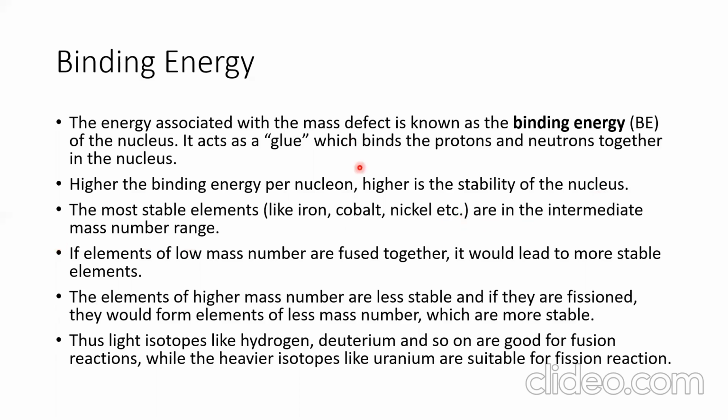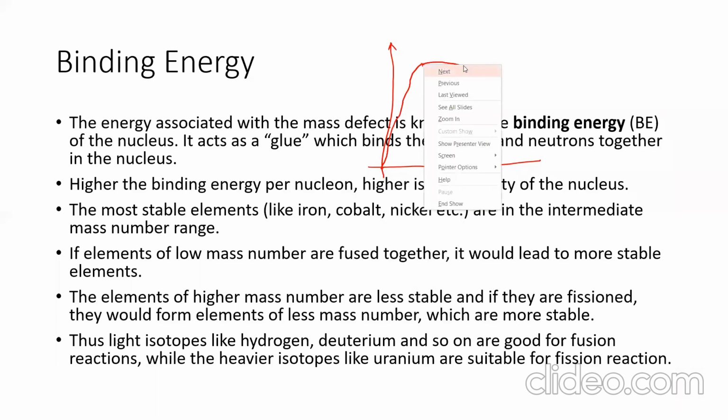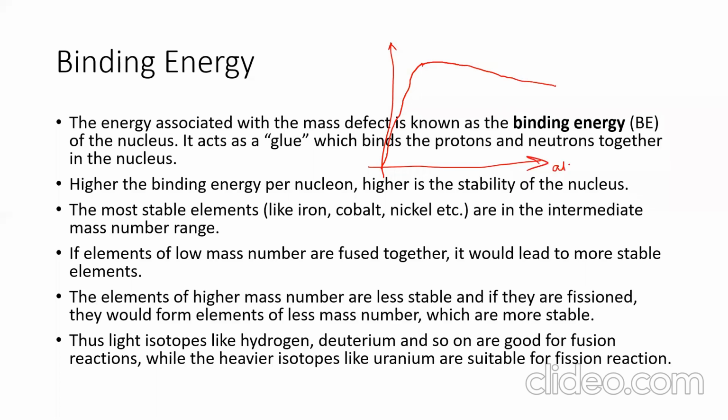If we draw the graph, the graph is given in the book of Pekenak also. The graph of the binding energy: if we draw the graph according to mass number or atomic number of the elements, the x-axis shows atomic or mass number.